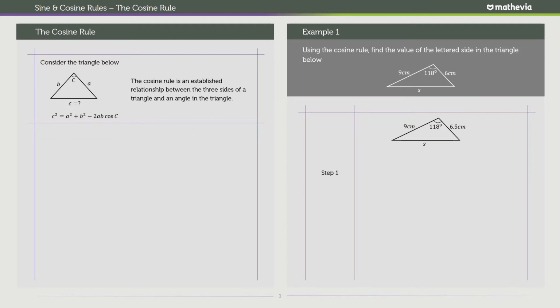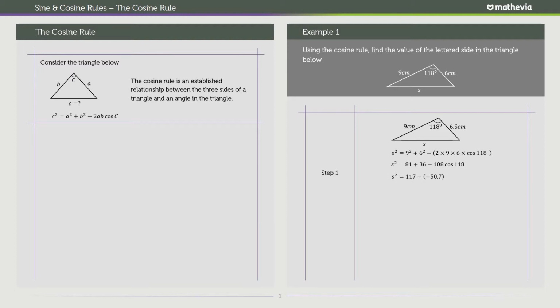And what we're going to have is that s squared equals the square of 9 plus the square of 6, okay, minus 2 times 9 times 6 times cos 118. And basically what we have is s squared equals 81 plus 36 minus 108 cos 118.